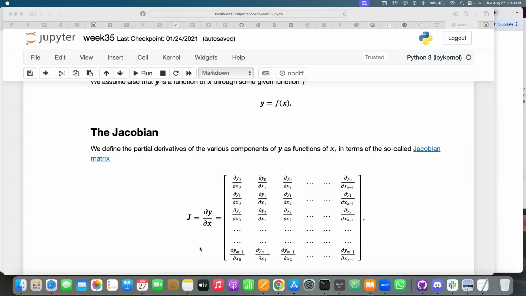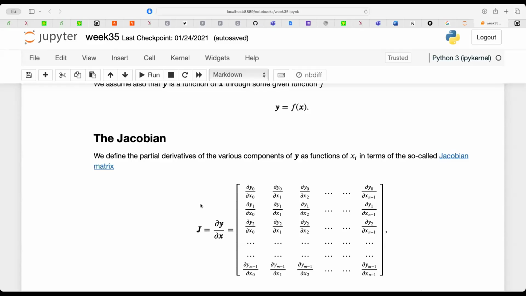I didn't find the screen here. Let me just do that one. Sometimes I get lost in all the windows I have. Now you should be able to see it. I don't think it's seen by the people who are online. There we are. Okay, now everybody should be able to see it.